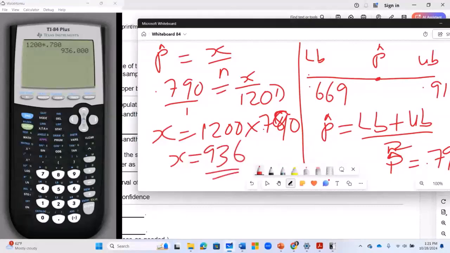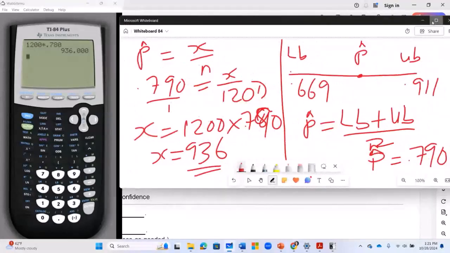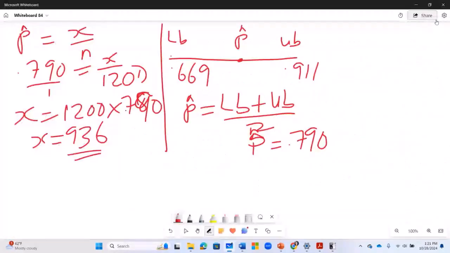Okay, and then they want me to find the margin of error. How do I find the margin of error? The margin of error is the distance between the point estimate, which is 0.790, and the upper bound. So the margin of error is this distance.